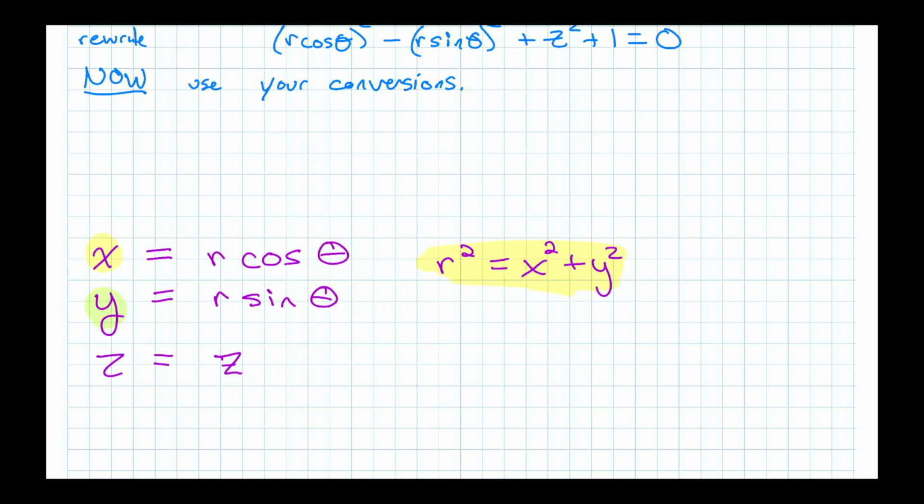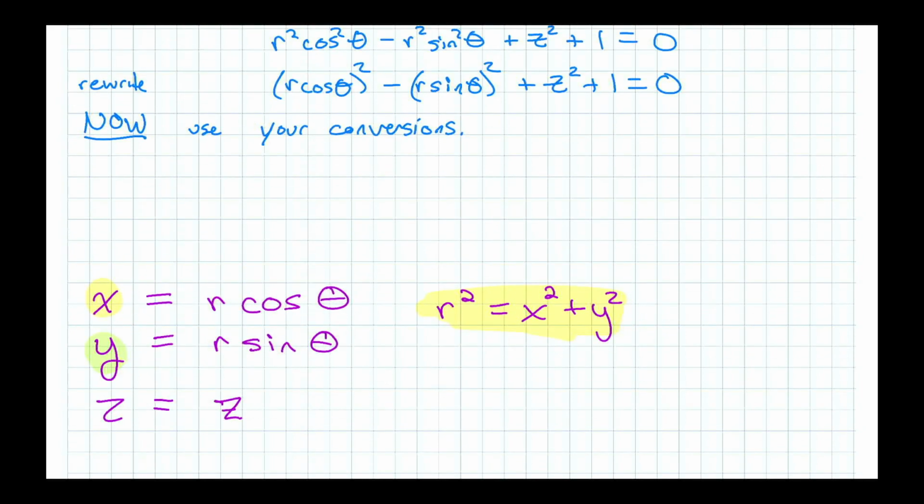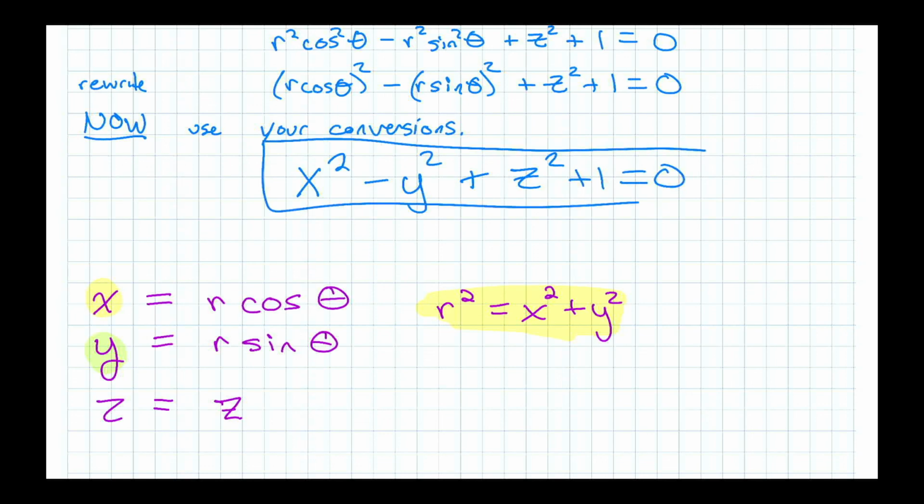So now we can use these conversions. You've got this r cosine theta, but r cosine theta is just x. So really this is just x squared minus (r sine theta) squared, but r sine theta is y. So that's y squared. And then you've got z squared, but we don't have to convert z. Z is just z. So this is what you get.